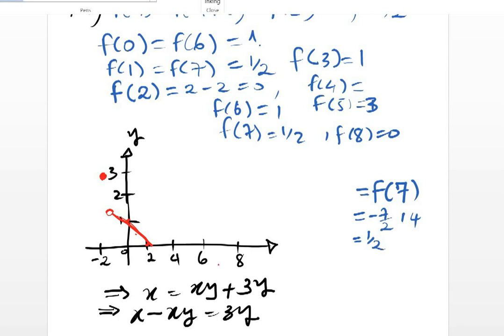Then from here we equally have 5, 3. So we link from here, 5, 3, to here, 5, 3. Then at that same 5 again, we had 5, 1.5.